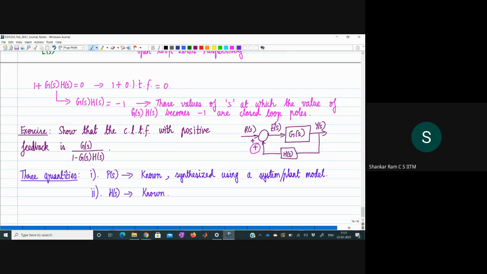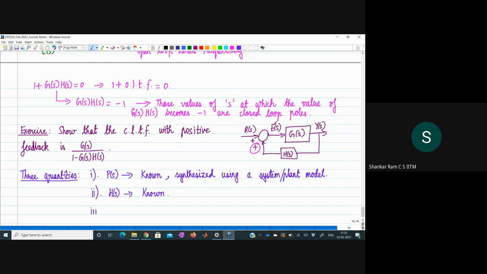But if we have non-unity feedback, we are going to get something other than one. So that's something which we know. H of s is typically known.